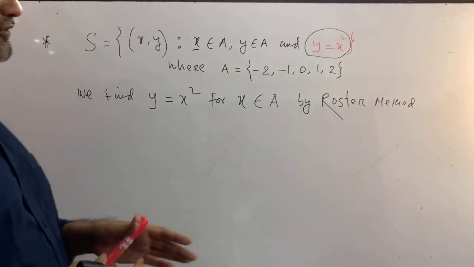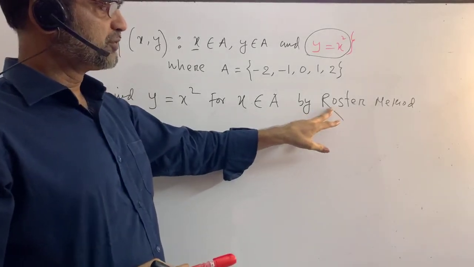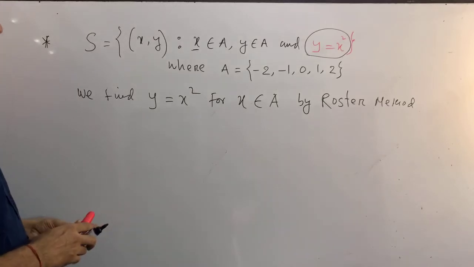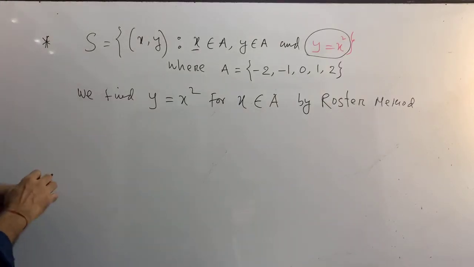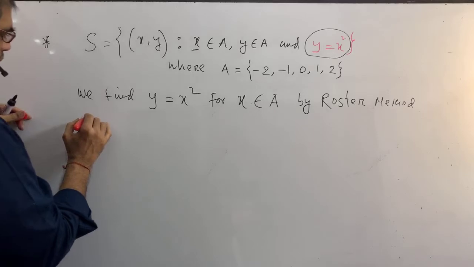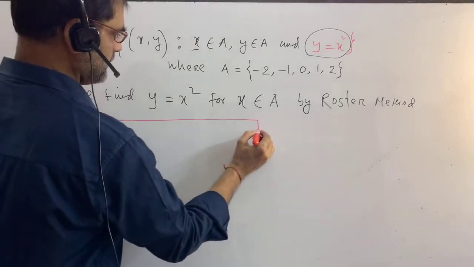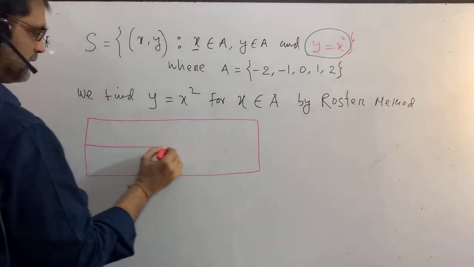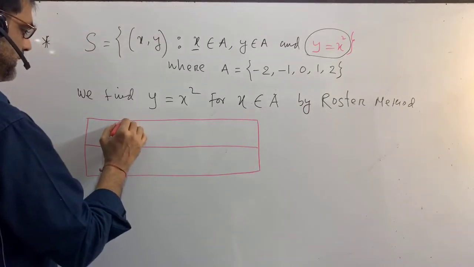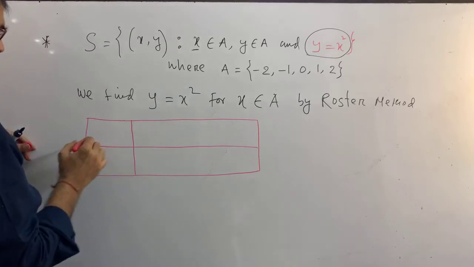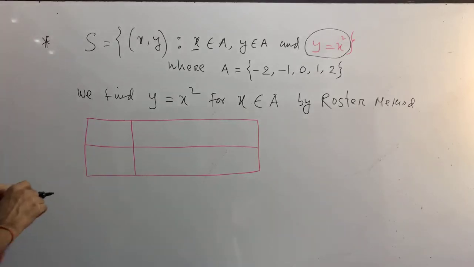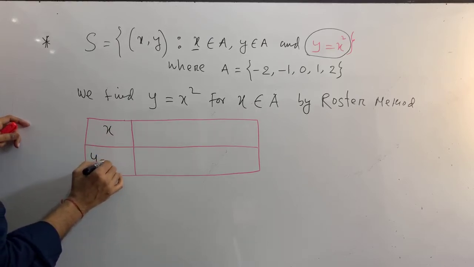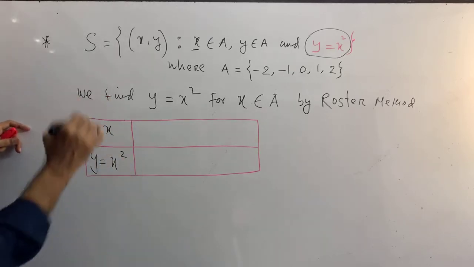Some of you have tendency to mistake this spelling, okay, so be careful. Anyway, how to find, you please see. What will you do? We will write down like this. Roster method means what? Roster means what? List, okay.